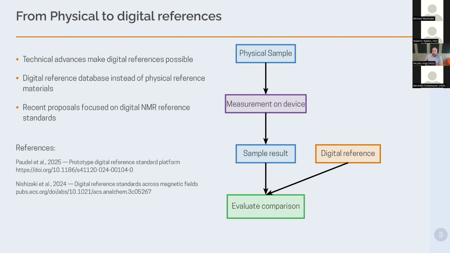And again, the requirements for this digital reference will strongly depend on the area you're in. So for pharma, again, it's very regulated. You will probably need to get a digital reference from a high quality database.